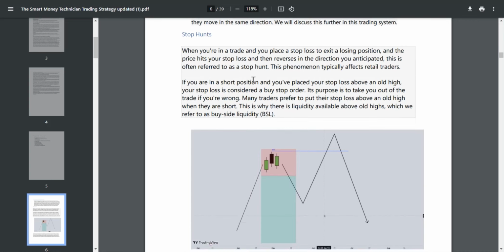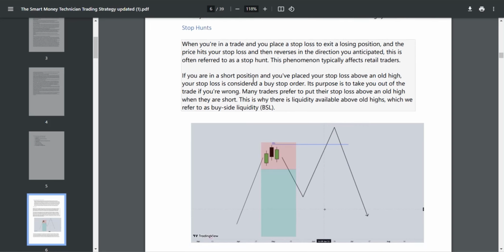The first thing that we are going to be discussing in this PDF is stop hunts. Now, what exactly is a stop hunt? A stop hunt is when you are in a trade and you place your stop loss above a specific level, and price reaches for that level, takes you out of the trade, but then reverses back into your direction.